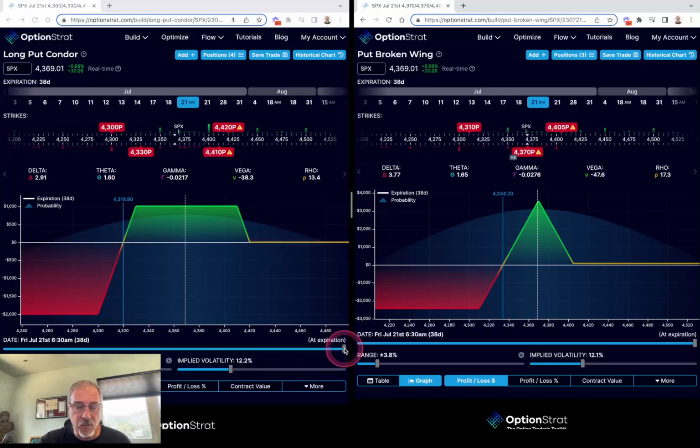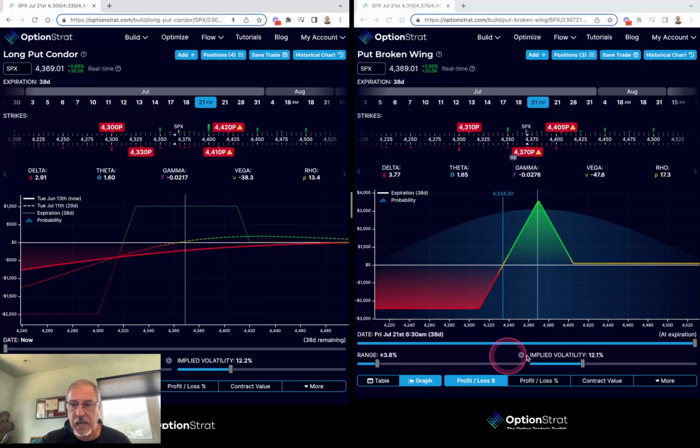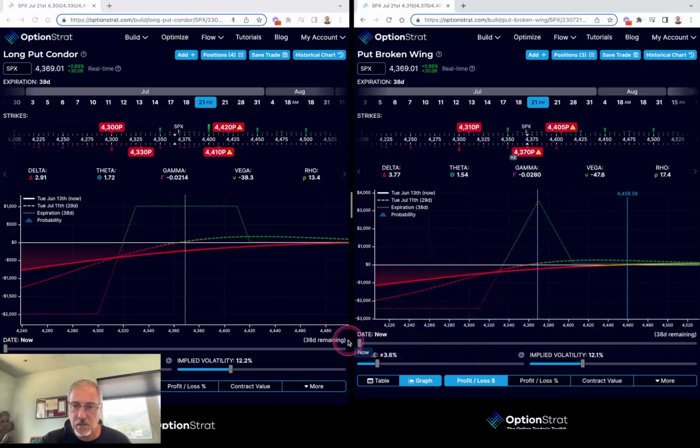And we can see that if we bring our expiration all the way back to today, and we do that on both of these, you can kind of see the difference between these two. Our line slopes down a little bit steeper, or a little bit faster, on this one. I'm looking at the dashed line, which is probably the easier one to look at, but you could look at either one of them.